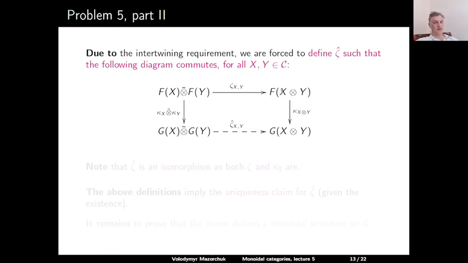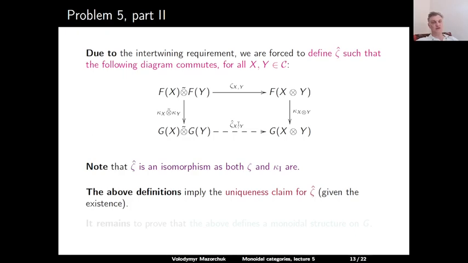From f of x tensor y, we can use kappa to go to g of x tensor y, and from f of x tensor f of y, we can use kappa x tensor kappa y to go to g of x tensor g of y. So we define zeta hat as the unique map here such that this diagram commutes. And again, since all other elements in the diagram are isomorphisms, zeta hat is also an isomorphism. So these two definitions immediately imply the uniqueness claims for zeta hat and phi hat.